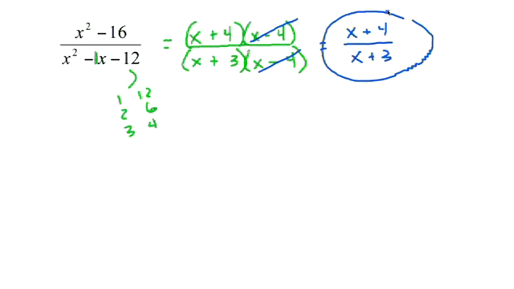It's worth mentioning that if you made a mistake in your factoring, so let's say instead of picking 4 and 3, you picked 2 and 6, you would then be in a situation where there was nothing in the top that cancels with anything in the bottom. These problems in this chapter pretty much have been rigged. If you do all of your factoring and there is no common factor in the top and the bottom, chances are that you made a mistake.